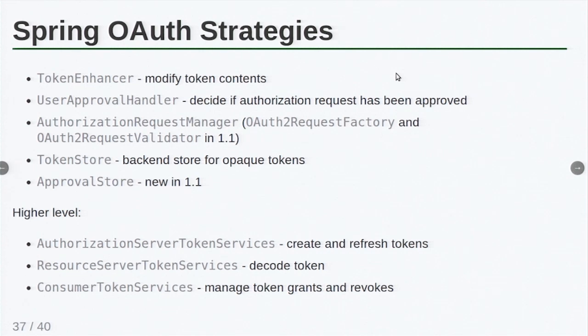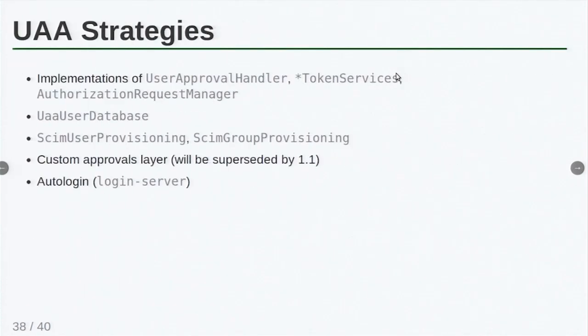For instance, Authorization Server Token Services has two implementations now, one using Token Store and one using Approval Store. So really it's probably the store that you want to attack, not the implementation of the token services itself. In the UAA, if you wanted to extend it, you could, for instance, change the store for user information, and that would be one way of doing it. I don't want to spend too much time on that because I'm running out of time.